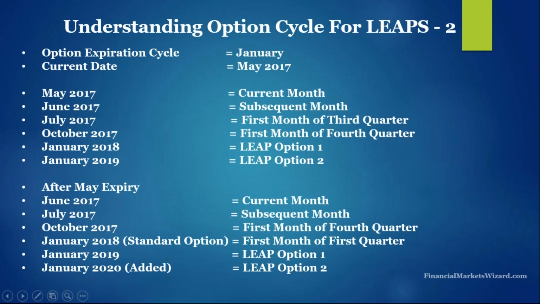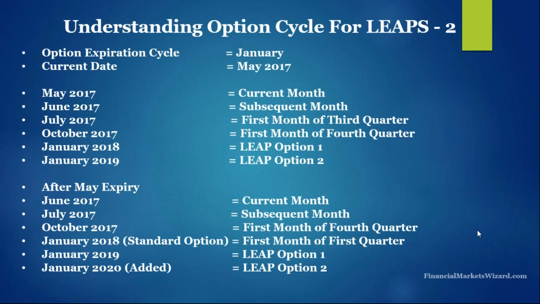And because of the option expiration cycle, we will have July and October, because July and October are the first month of third quarter and the first month of fourth quarter. But because this stock has LEAPs, it will also have January 2018 and January 2019 listed.